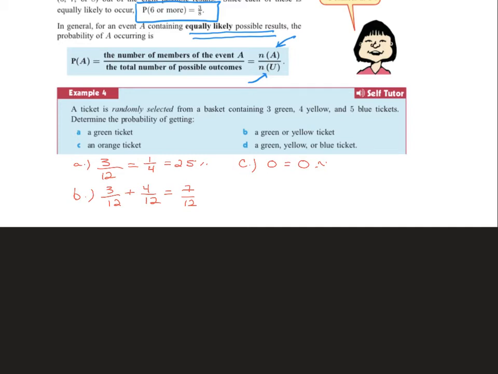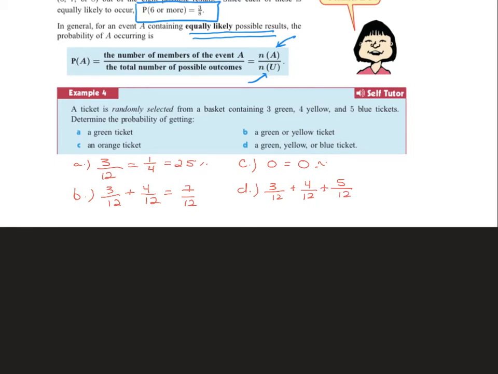What about a green, a yellow, or a blue ticket? Well, let's see. What's the probability that I get a green ticket? 3 out of 12. What's the probability that I get a yellow ticket? 4 out of 12. And what's the probability that I get a blue ticket? 5 out of 12.